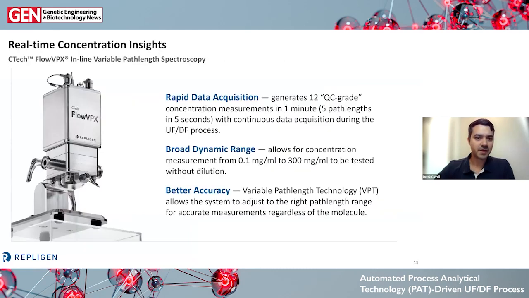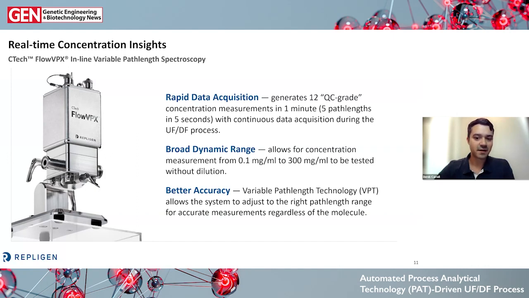So for the Flow VPX specifically, there's rapid data acquisition. It generates 12 QC grade concentration measurements in 1 minute and has continuous data acquisition throughout the entire process.